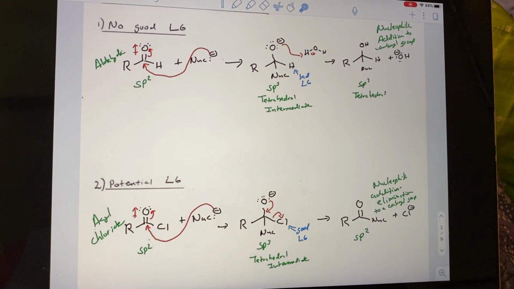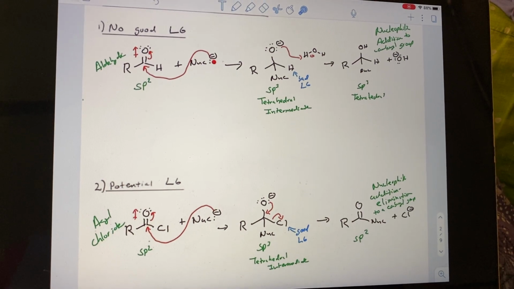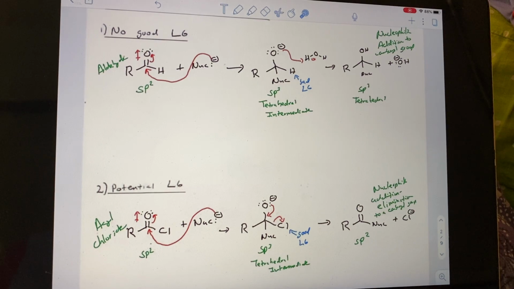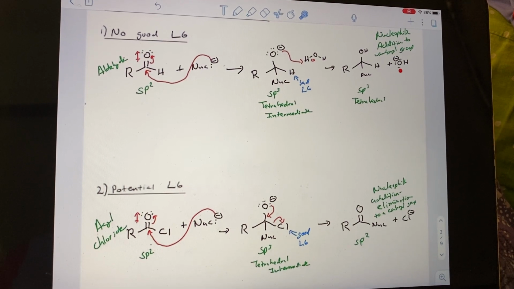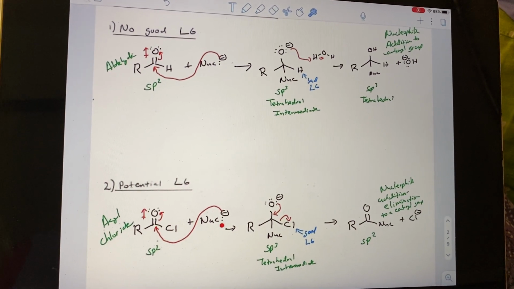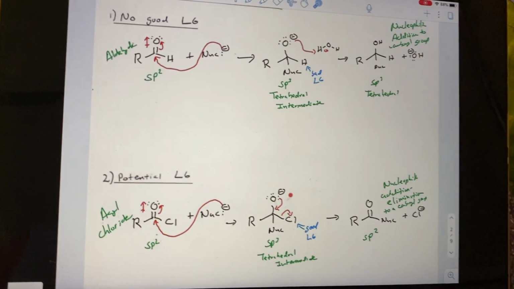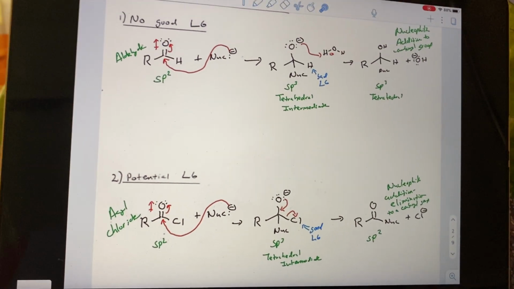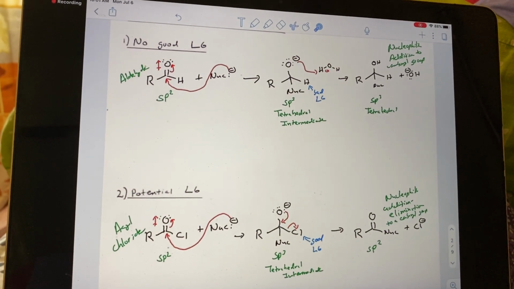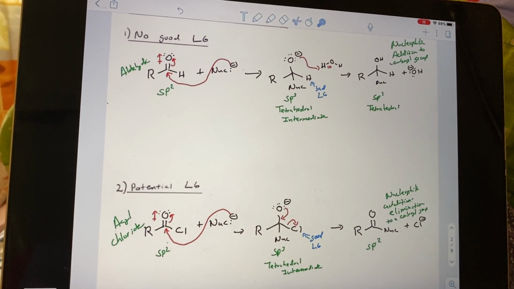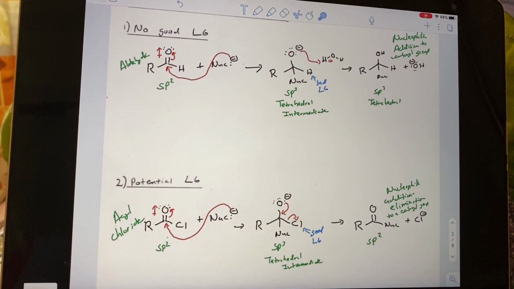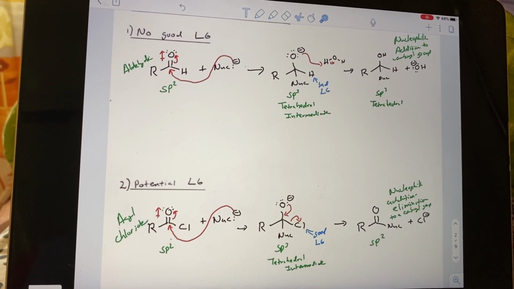And so they should balance. So notice we start here with a negative formal charge on the left, negative formal charge in the middle, negative formal charge on the right. Same thing for the bottom reaction. It's negative, negative here, and then negative on the chloride over here. If all of a sudden a bunch of positive formal charges showed up that didn't balance, something's not right. So that's a quick way to check to see if the mechanism is making sense, to make sure the formal charge is balanced.